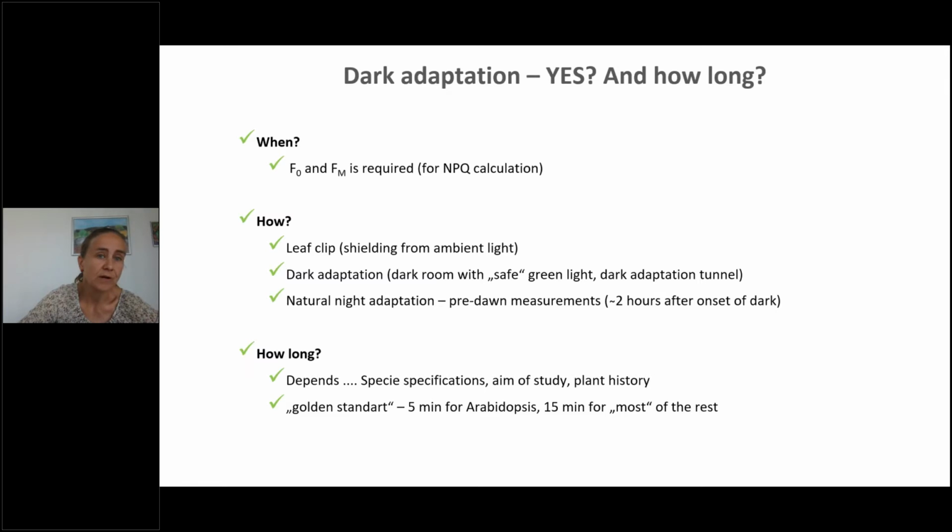So yes, when to dark adapt: when we need the F0, the minimum level, and the maximum level of fluorescence determined, primarily for NPQ measurements and calculations referring to non-photochemical quenching parameters. How to perform the dark adaptation? In the non-imaging tools, we had different types of leaf clips that can be used for shielding from ambient light.